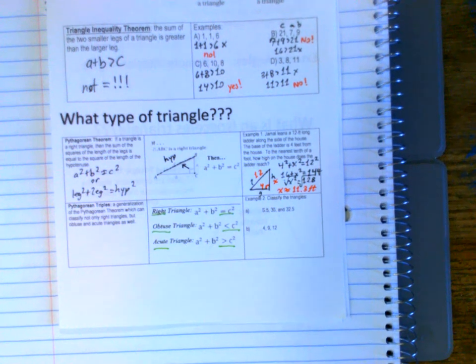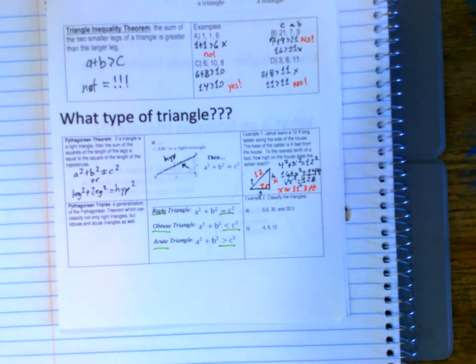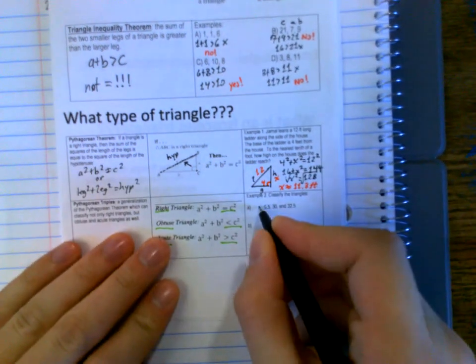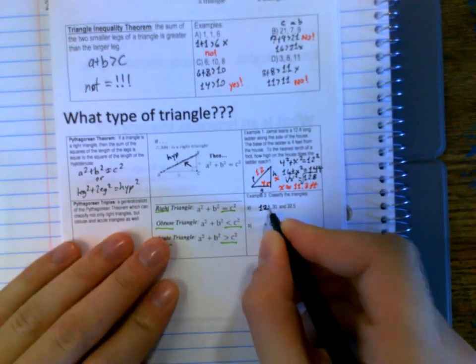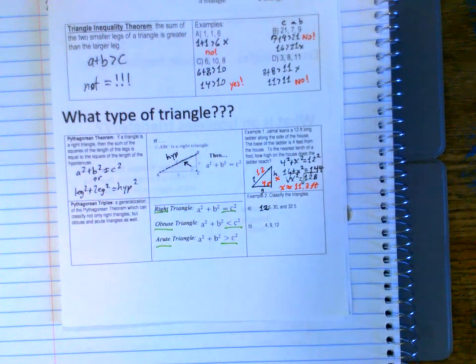Okay, so apparently there's a typo on this one, so that S should be a 12. So it's 12.5 in the front.